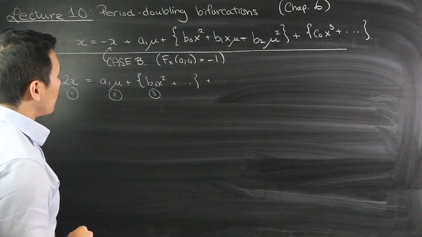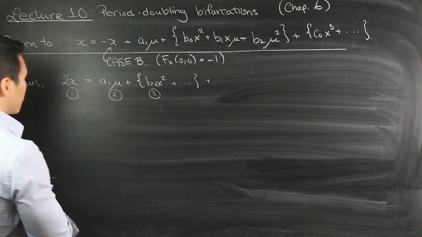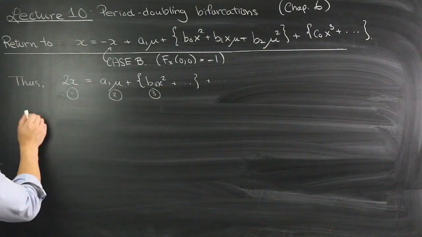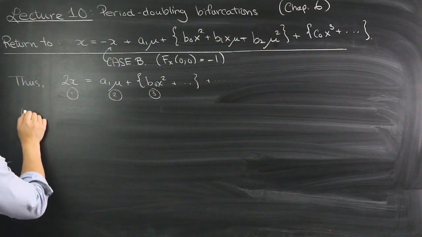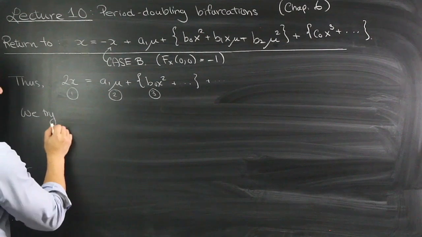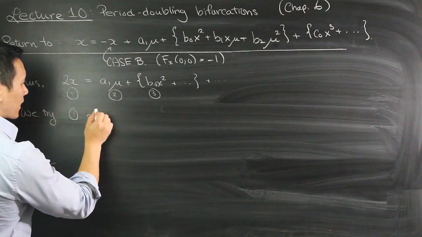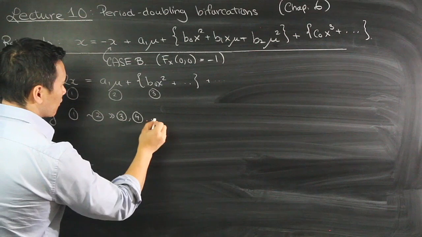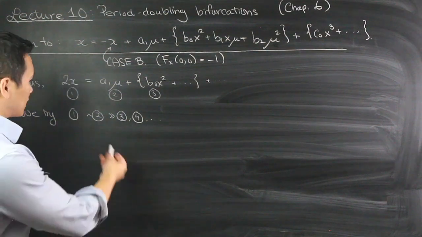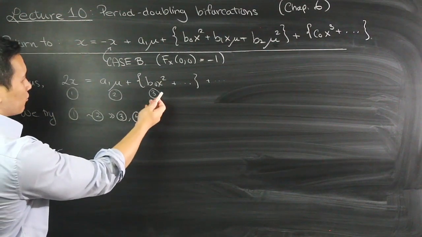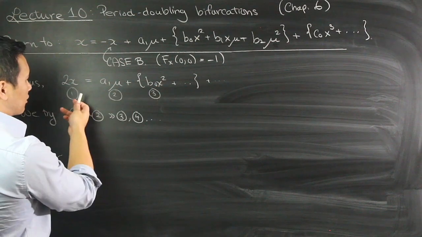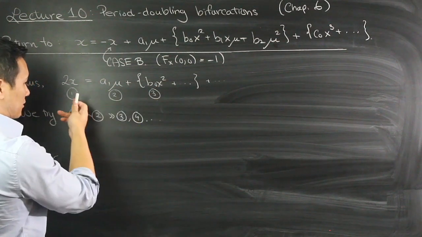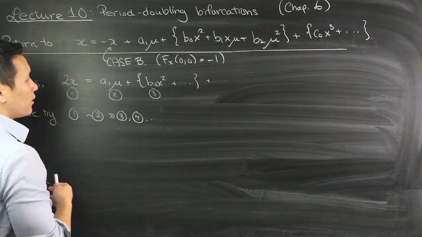Okay, so again, let me write down the most straightforward balance to try. You'd try a 1, 2 balance, and you'd assume this is larger than 3, 4, and so forth. And again, the logic is as follows. 3, because x is small, is always much smaller than 1, because it's a higher power.